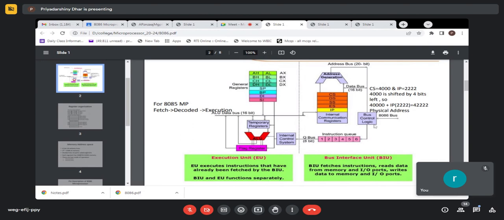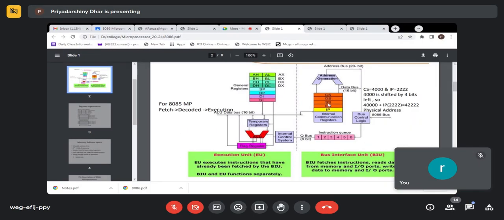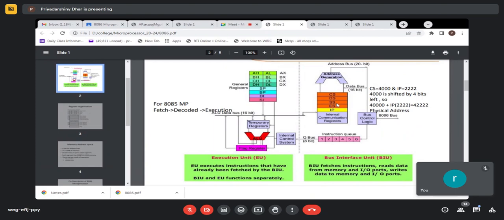Now this bus interface unit consists of segment registers. CS is the code segment register, then the data segment register, the extra segment register, and the stack segment register SS, and ES is our extra segment register. These all are registers.